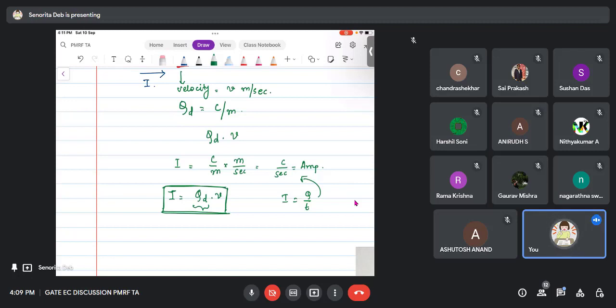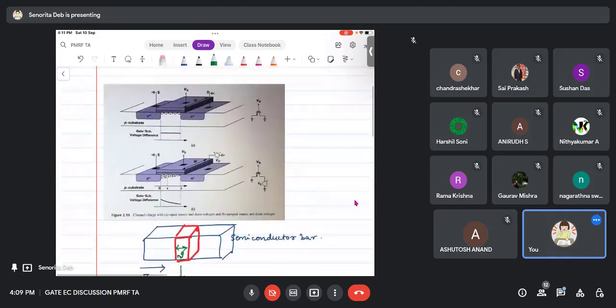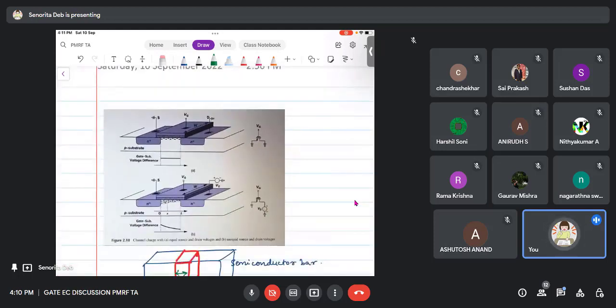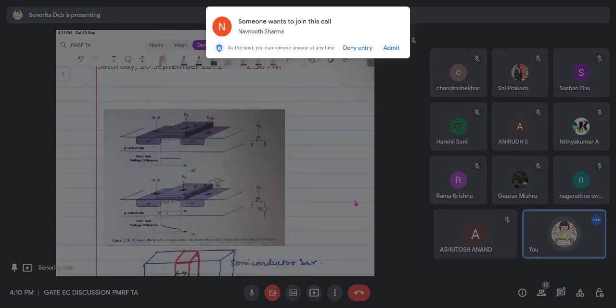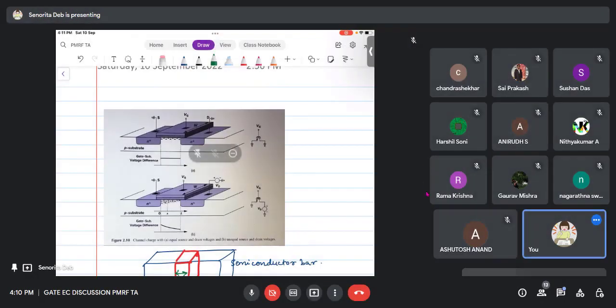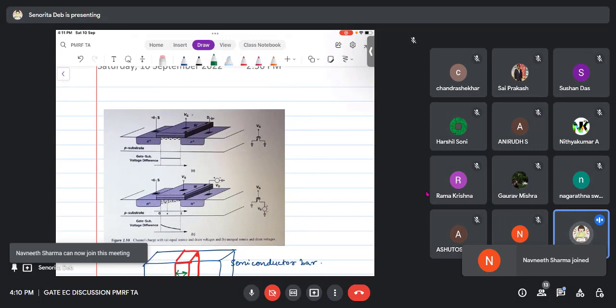Now let's come to the MOS cap arrangement that we had. Here I have applied a gate voltage VG, and the rest of the terminals are grounded, as given by this circuit.